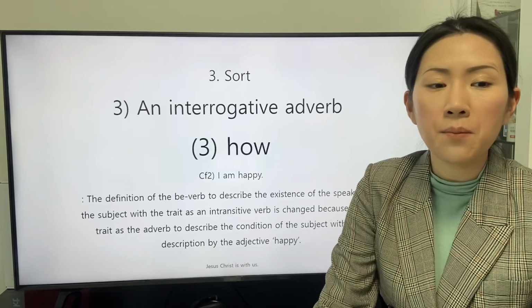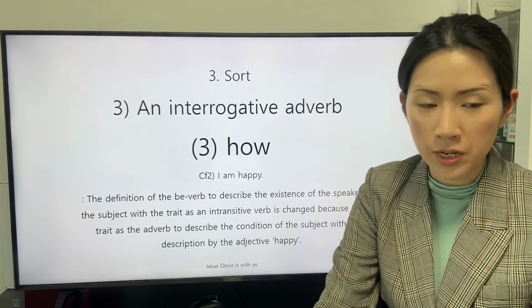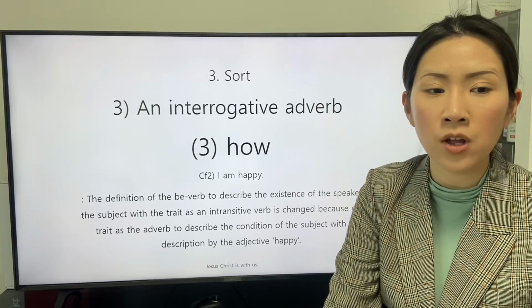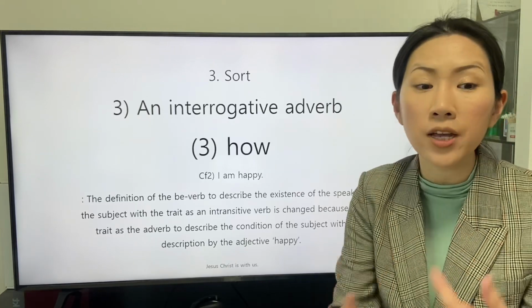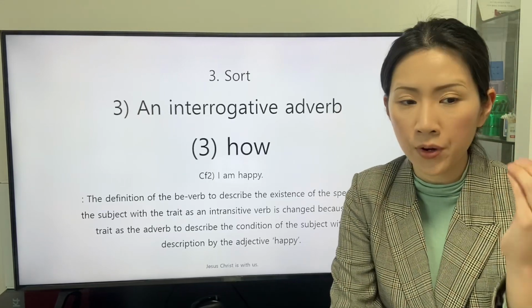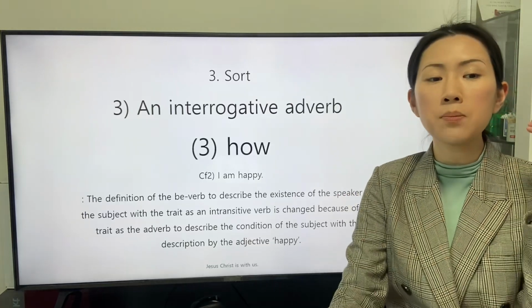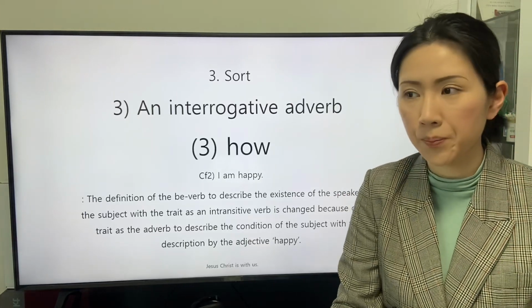The definition of the be verb to describe the existence of the speaker as the subject with the trait as an intransitive verb is changed because of the trait as the adverb to describe the condition of the subject with the description by the adjective happy.